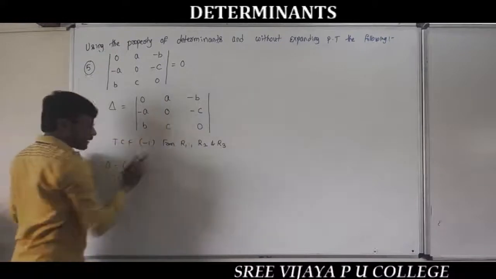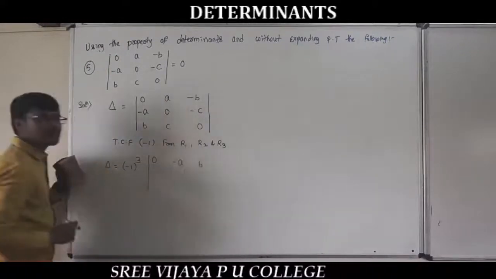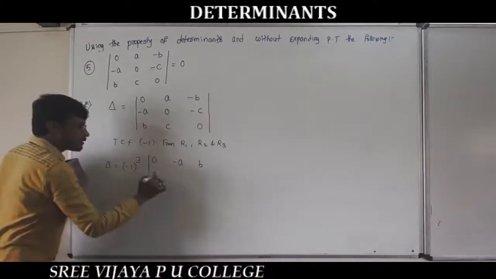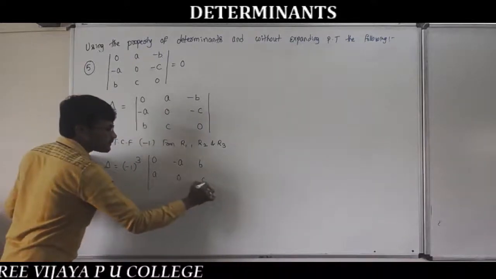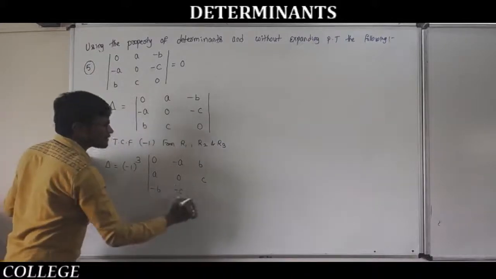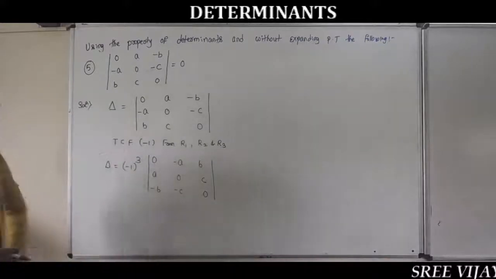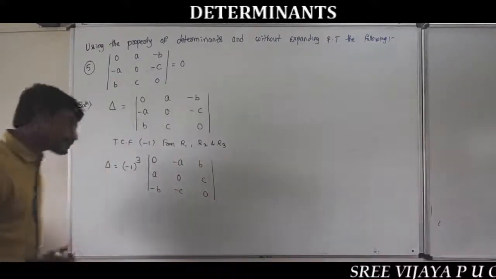So with minus as a common factor, the determinant is 0, minus a, b; a, 0, c; minus b, minus c, 0. What is minus 1 whole cube? It is minus 1.